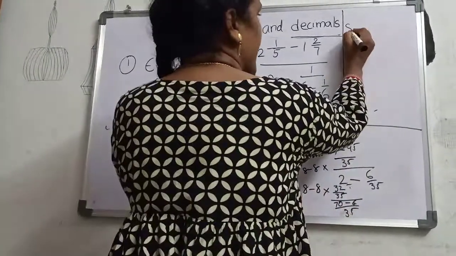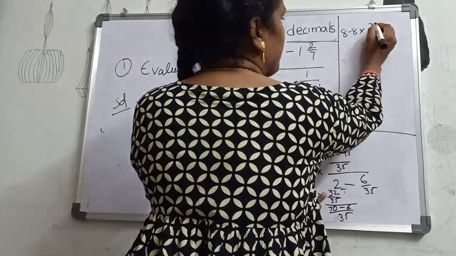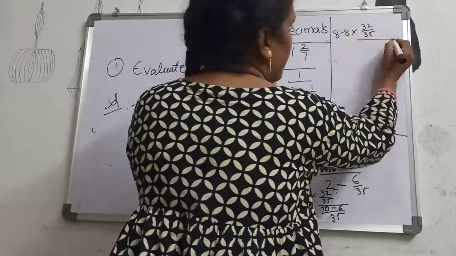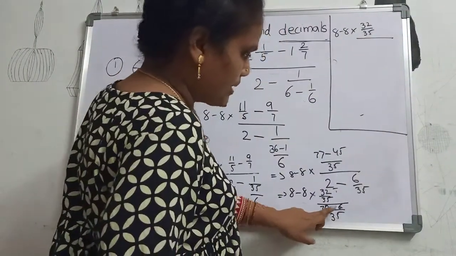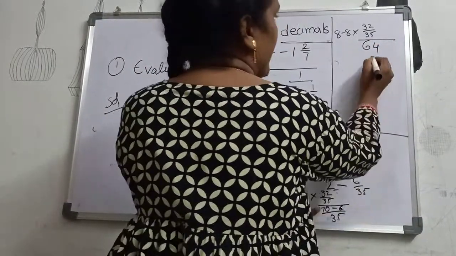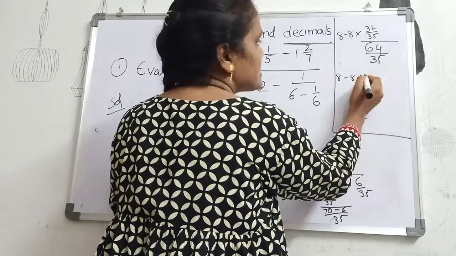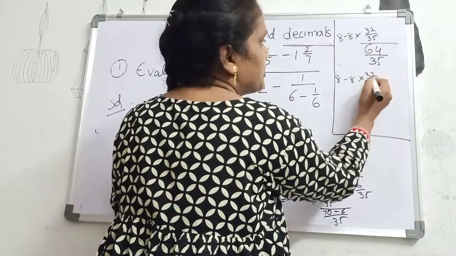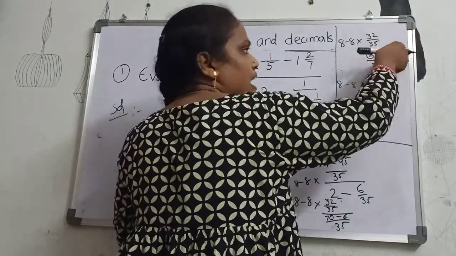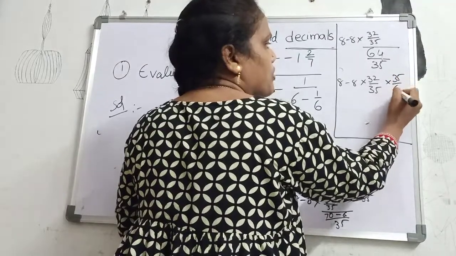8 minus 8 into 32 by 35, divided by, what are we getting? 70 minus 6, 64 by 35. So 8 minus 8, write as it is, 32 divided by 35, which will be taken into the numerator, so the denominator becomes 35 by 64.